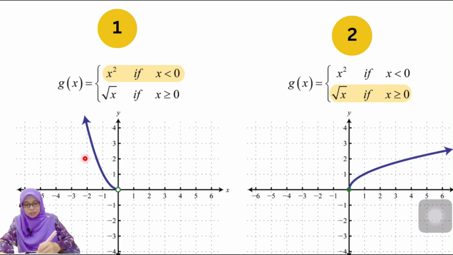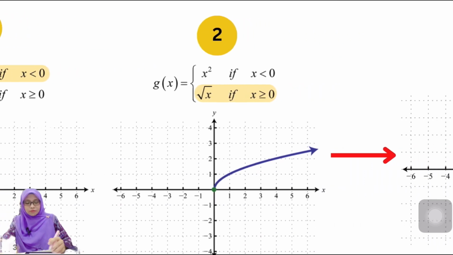We are only interested in the graph on the left-hand side because we are referring to the domain given for that particular equation. So when x is less than 0, the graph is only on the left side. We will not show the graph on the right side because we only take x less than 0, meaning x must be negative, and at exactly 0 it must be a hole.